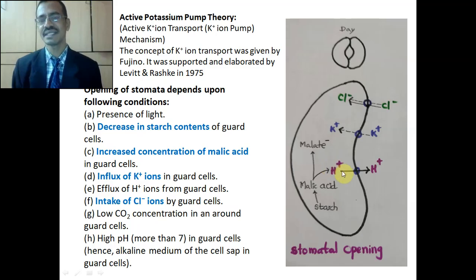But what happens here? Hydrogen ions go out of the guard cells, and there is a decrease in the content of carbon dioxide. So the pH is increased. These events lead to the opening of the guard cells, the opening of the stomata.